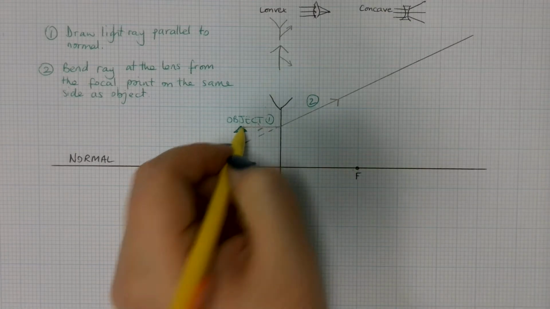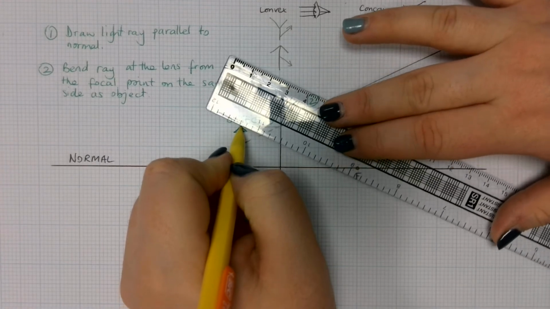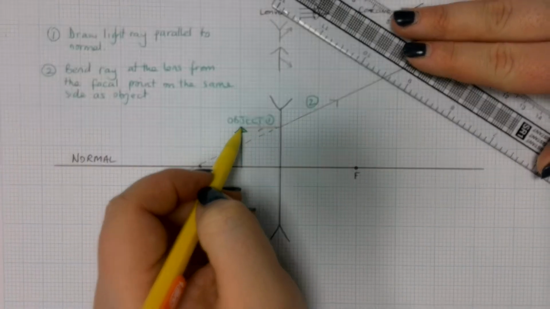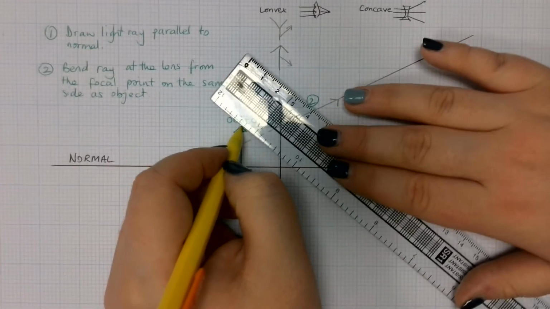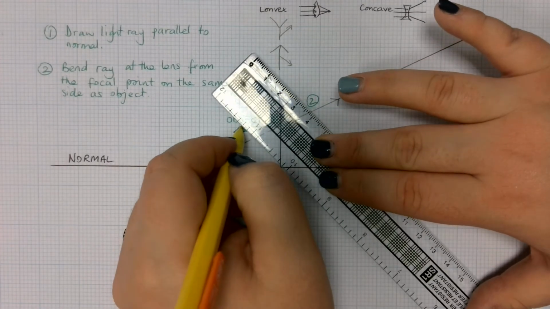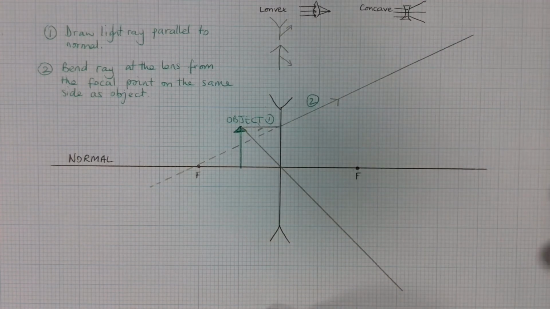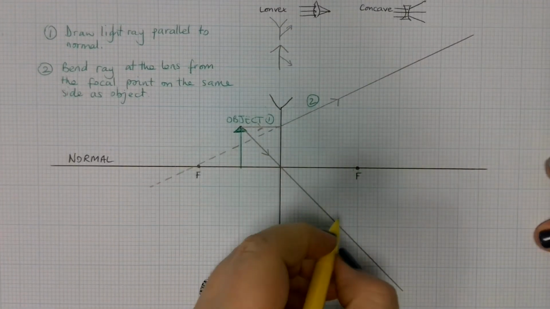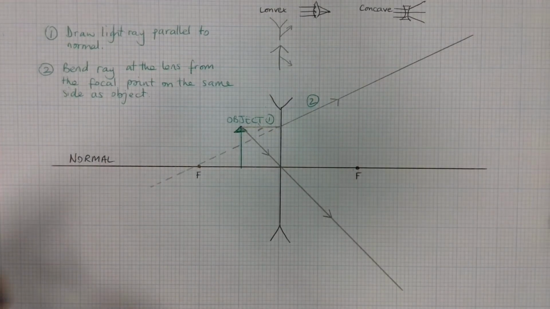Okay, the third point is to do exactly the same thing as what we did before. Can you remember where that line needs to go through? Through the middle where the normal meets the lens. So number 3.